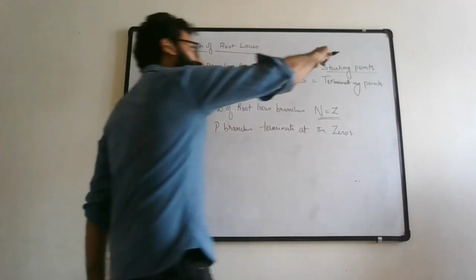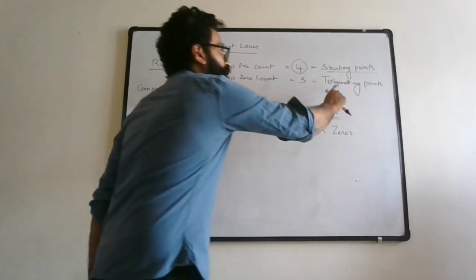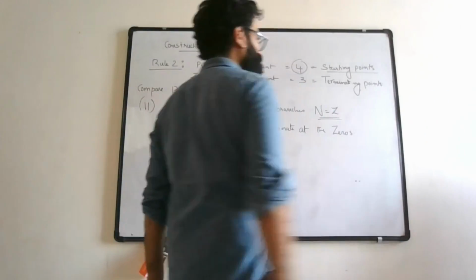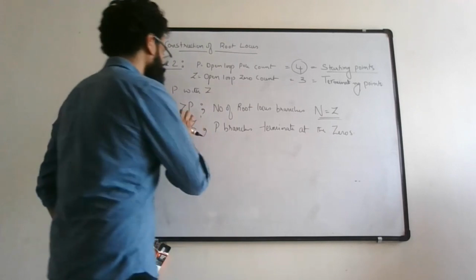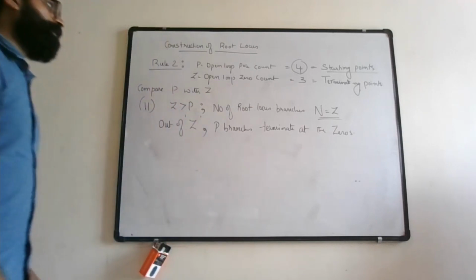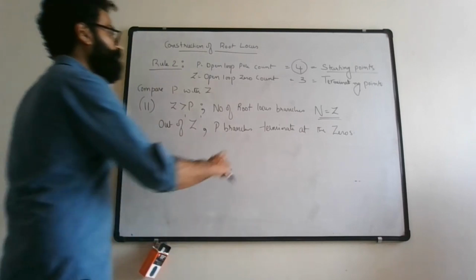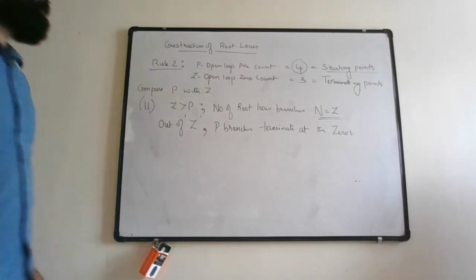So starting points should end up at the terminating points. For some reason these terminating points are also called sinks. So out of z number of root locus branches, p number of branches are terminating at zeros. What do you mean by that?